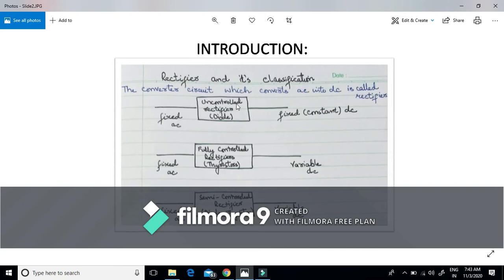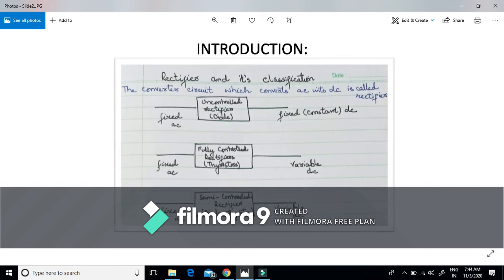In this uncontrolled rectification, both conduction and commutation, that is the turning off process of these diodes, depend upon the circuit conditions. Or we can say the output voltage does not vary for a given load or a given supply. Therefore, it's called an uncontrolled rectifier.